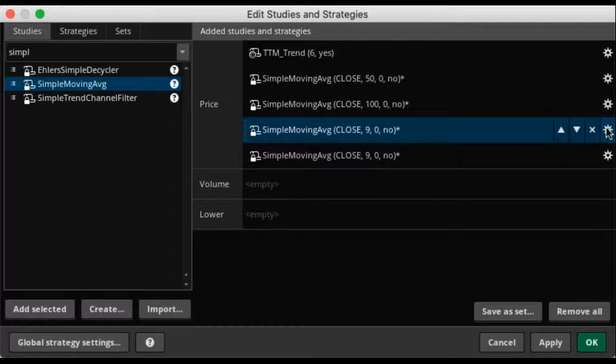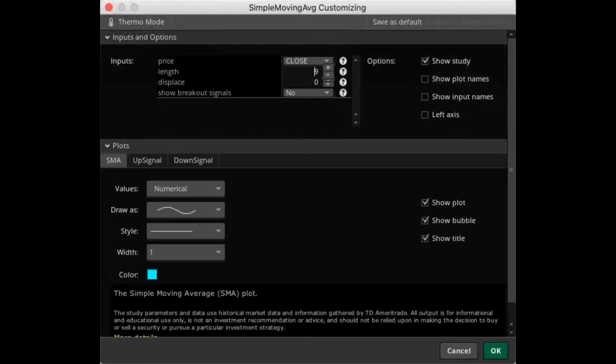Now we're going to change this third one, and we're going to click on that. And then we're going to change that length to 200, and we're going to change that one to red. Actually, maybe I want to change this color.